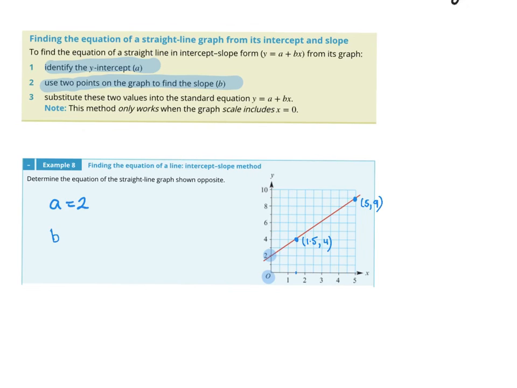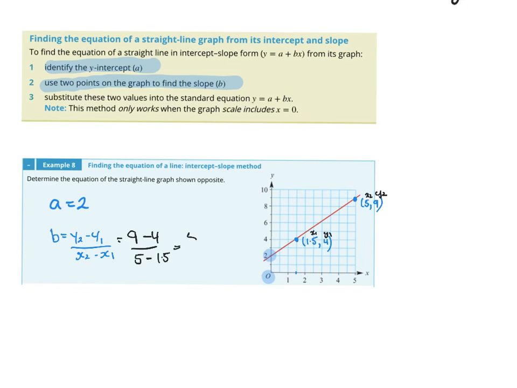When we find the B, I'm going to use y2 minus y1 over x2 minus x1. I'll label these x1, y1, x2, y2, and plug that into the calculator: 9 minus 4 over 5 minus 1.5.